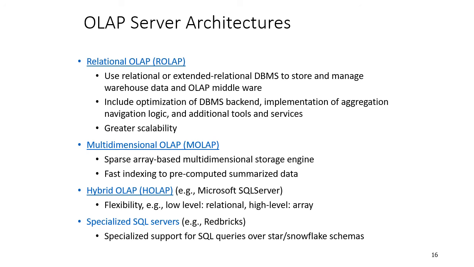And then there is multidimensional OLAP, which is capable of handling multidimensional data and is a sparse array based multidimensional storage engine. The basic advantage it offers is the flexibility of fast indexing to pre-computed summarized data.